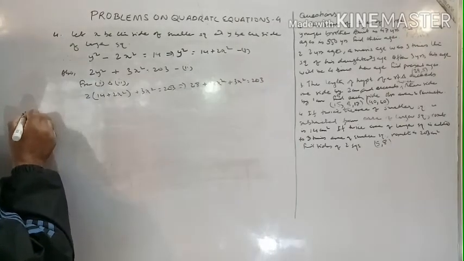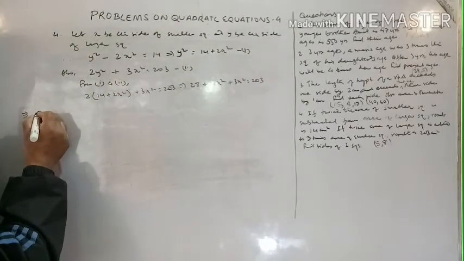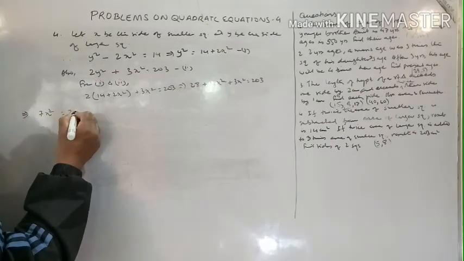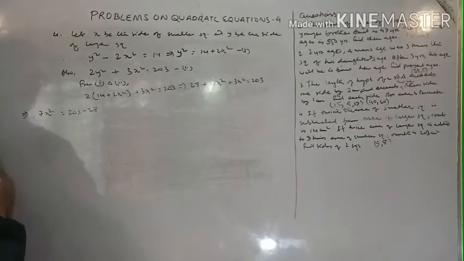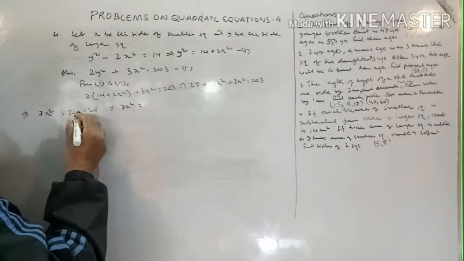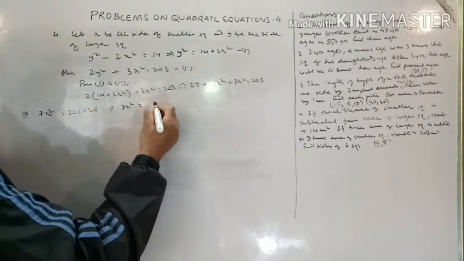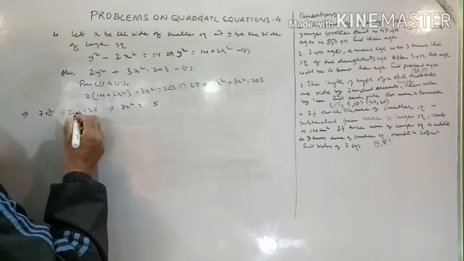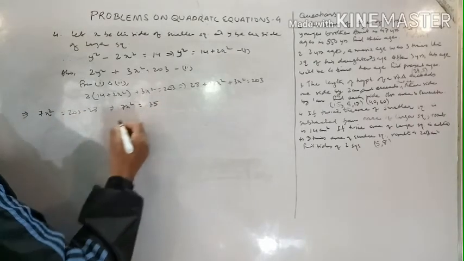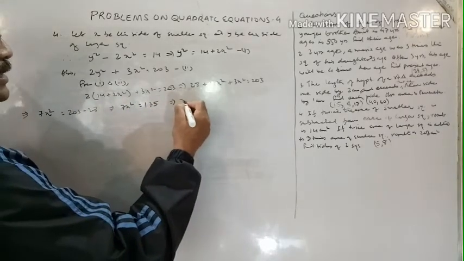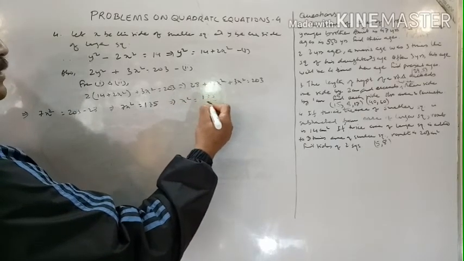So 4x square plus 3x square will be 7x square, equal to 203 minus 28, because there is no x term, so no need to use the middle term breaking. So 7x square is equal to 175. This implies x square equal to 175 by 7.